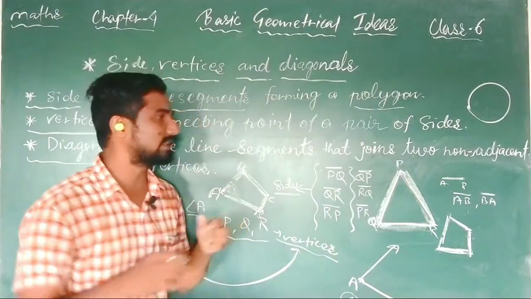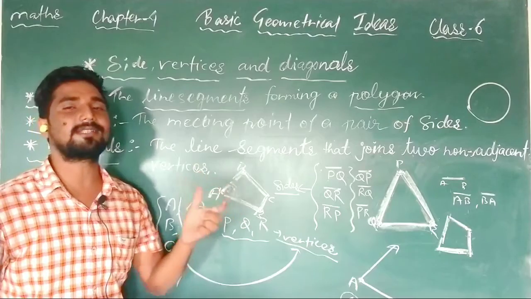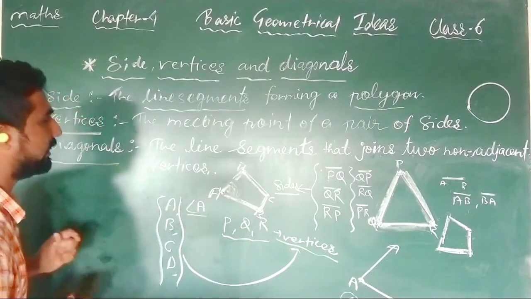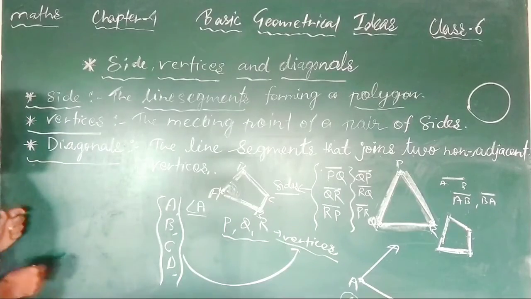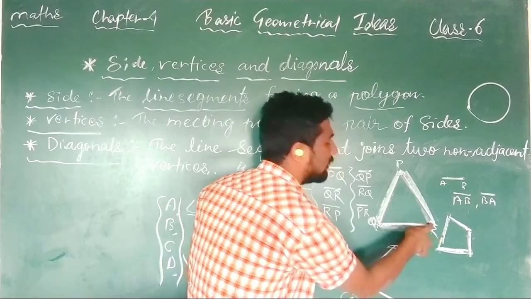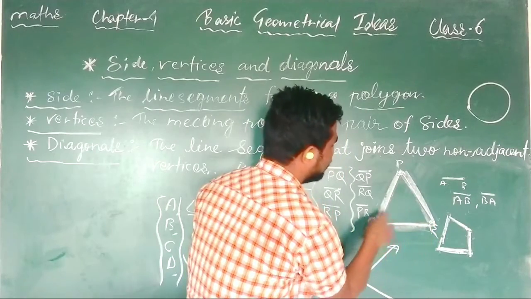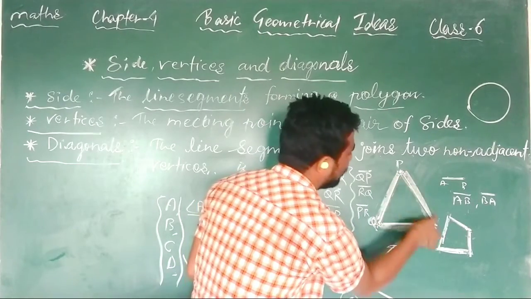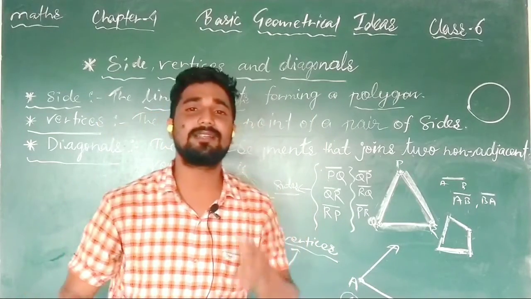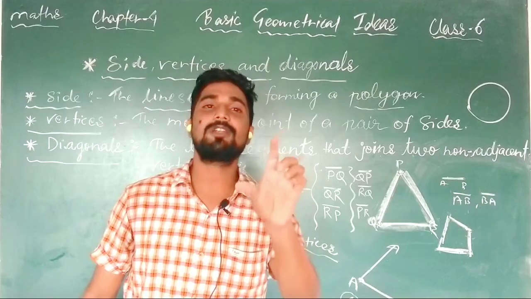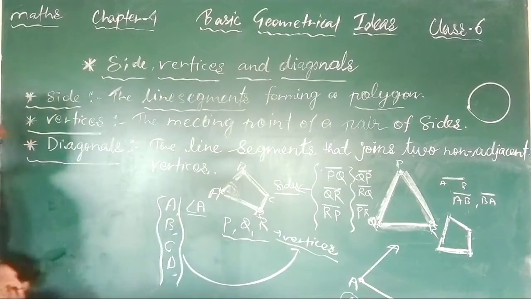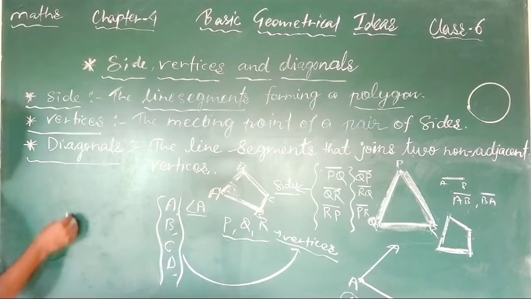I will discuss the terms adjacent and non-adjacent in detail later, but here to understand, you see these two continuous vertices are said to be adjacent. And these two are also adjacent, these two are also adjacent. Means if two vertices are continuous, both are called adjacent. If two sides are continuous, they are called adjacent sides.